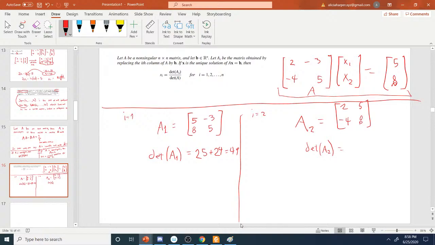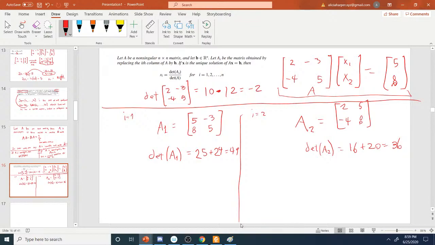This will give me 16 plus 20, which is 36. And now the last thing I need is the determinant of A itself. So I need the determinant of 2, negative 3, negative 4, and 5. This gives me 10 minus 12, so negative 2.